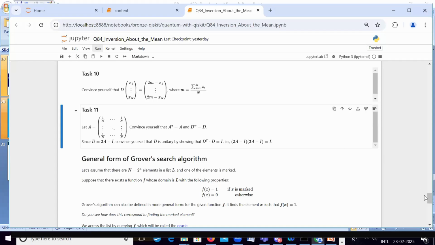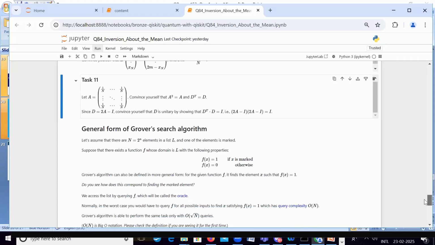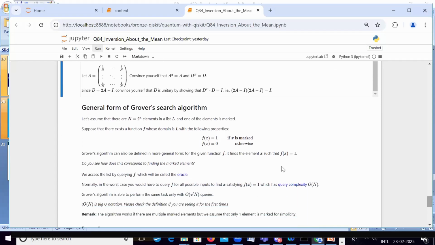Now going further, this is just to convince ourselves that the condition would always remain valid in applying further conditions. In general form, let's assume that there are N elements, which is 2 to the power n elements.